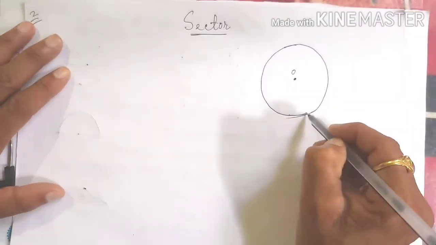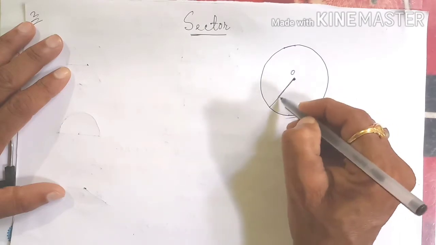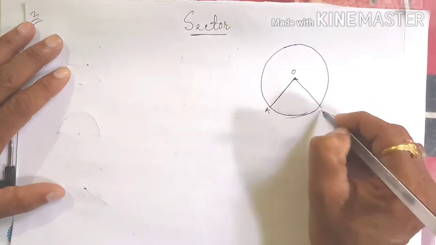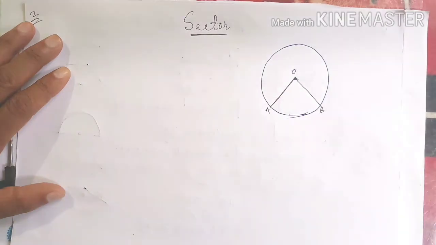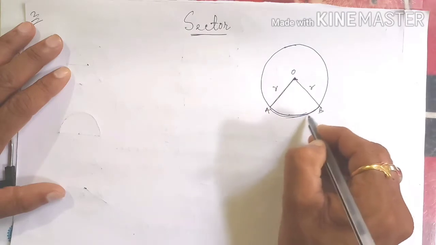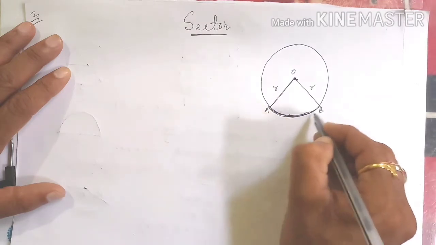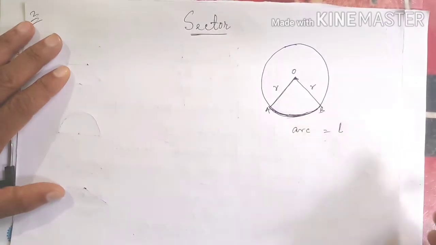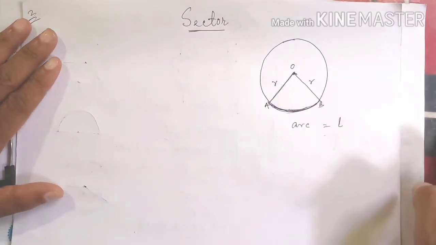Clear? Now these are two radii, OA and OB. This is one radius, another radius. This is an arc, which is denoted by small l or capital R. That is called the length of the arc.